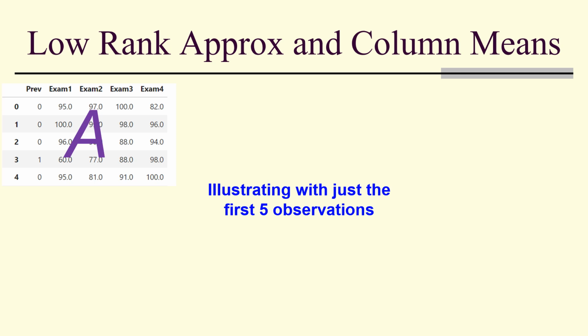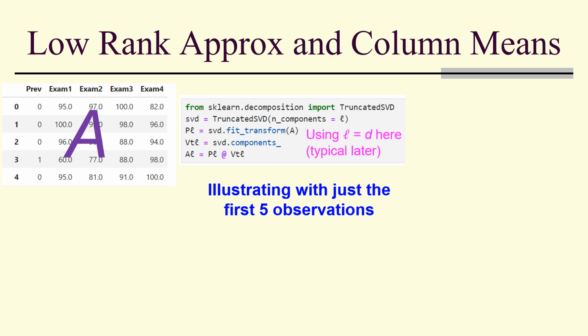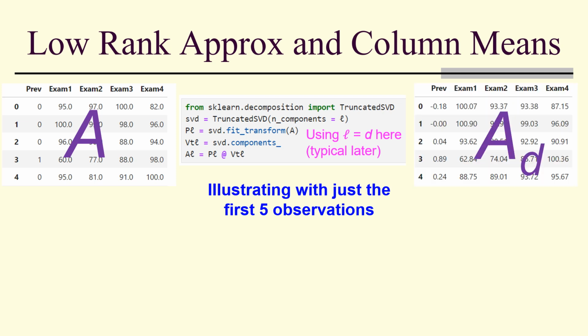So I'm just going to illustrate with just the first 5 observations of the exam data. Here's my A, here's my truncated SVD, and here's my A sub d. The column means are not the same. They could differ radically.